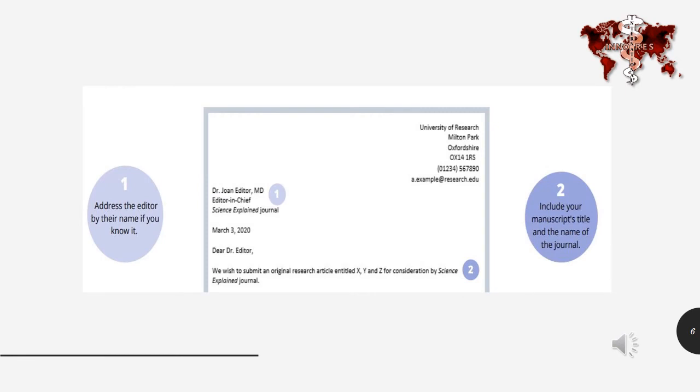And now we will see an example of a cover letter submitted to a journal, and we will highlight the key points included in this cover letter. Please look at the example while following the points. First, address the editor by their name if you know it. Second, include your manuscript's title and the name of the journal. If you notice, he already did this in the example.